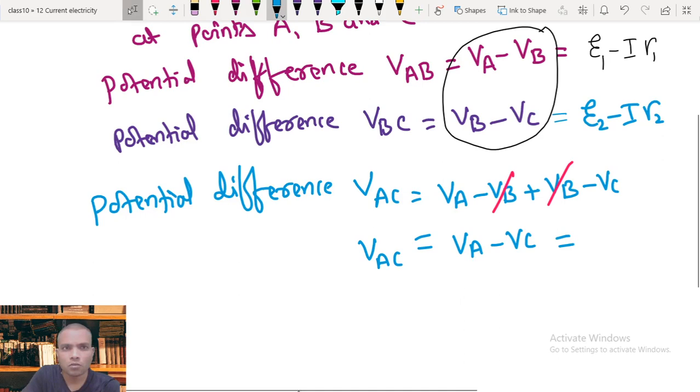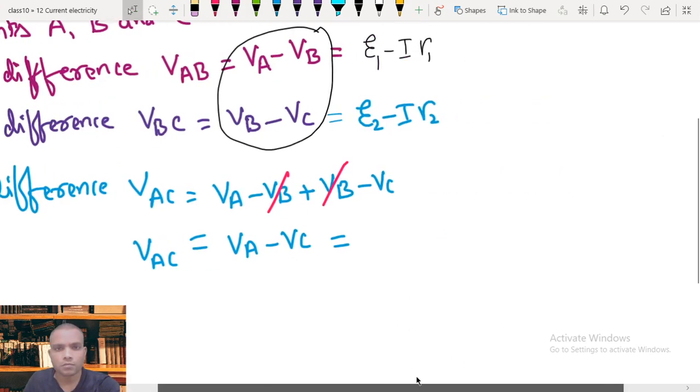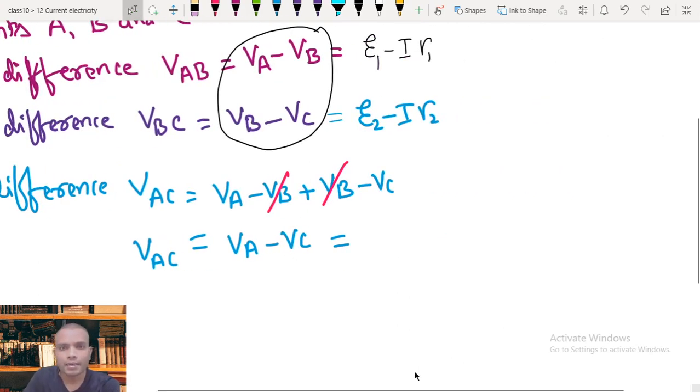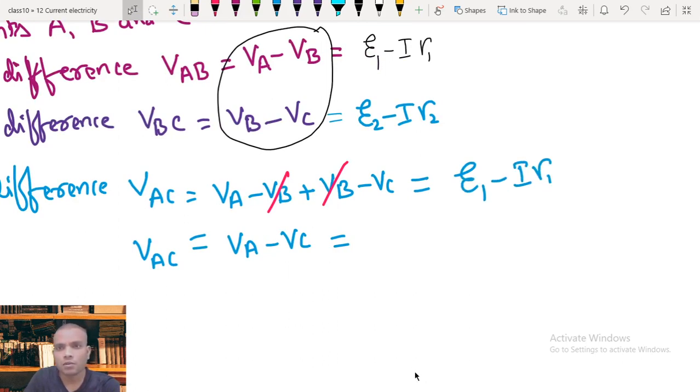which is also equal to, now on the right hand side we need to add up. So let me take this space. Now if I add here, which is equal to E1 minus I times R1 plus E2 minus I times R2. So when we add on the left hand side, we are supposed to add on the right hand side.